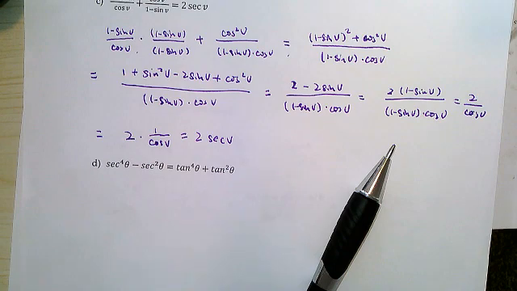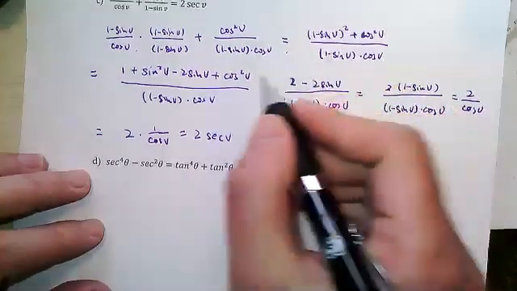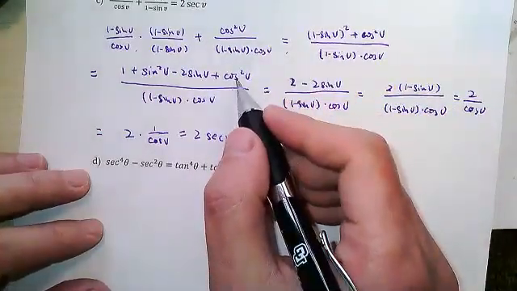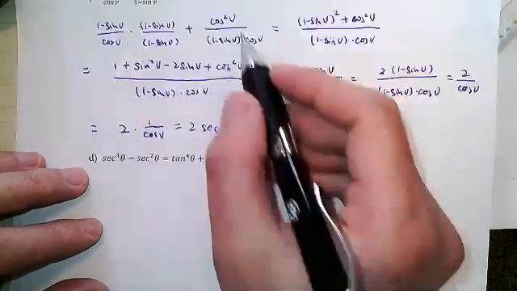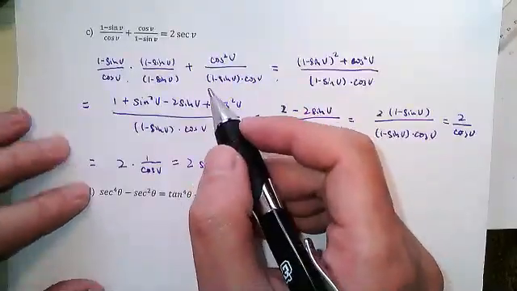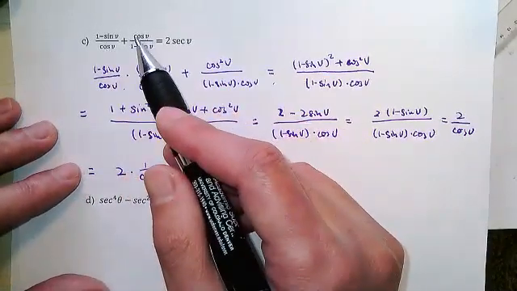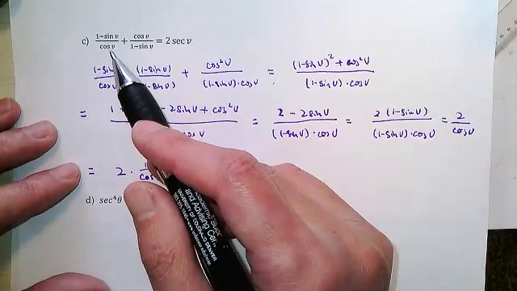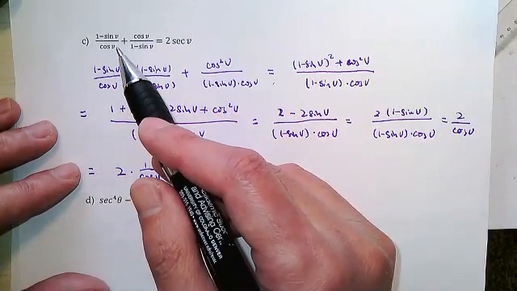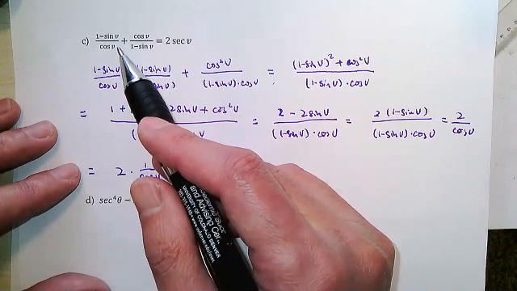Where did that initial cosine squared v come from? The cosine very first, here? Very first one, just directly above that one? Yeah. Very good question. So we want to combine the two fractions, okay? So we look at their denominators, try to multiply whatever they do not have but the other part has.